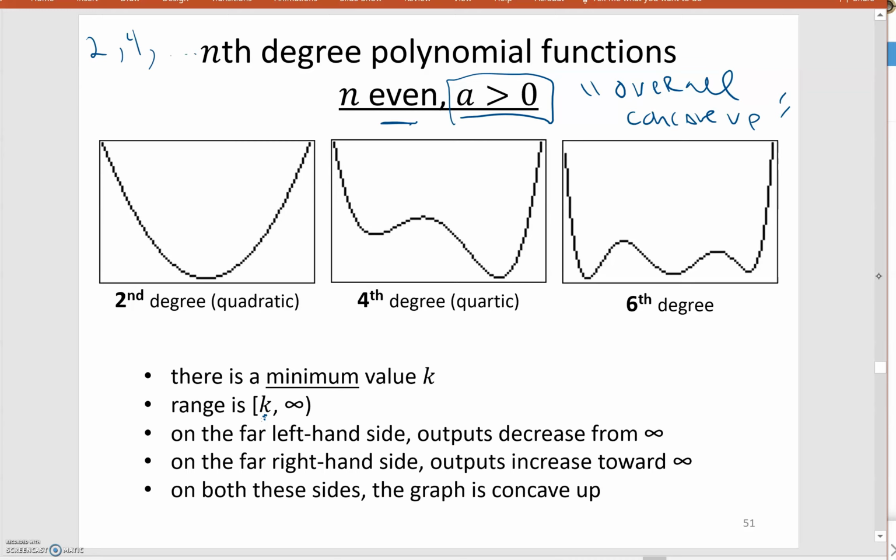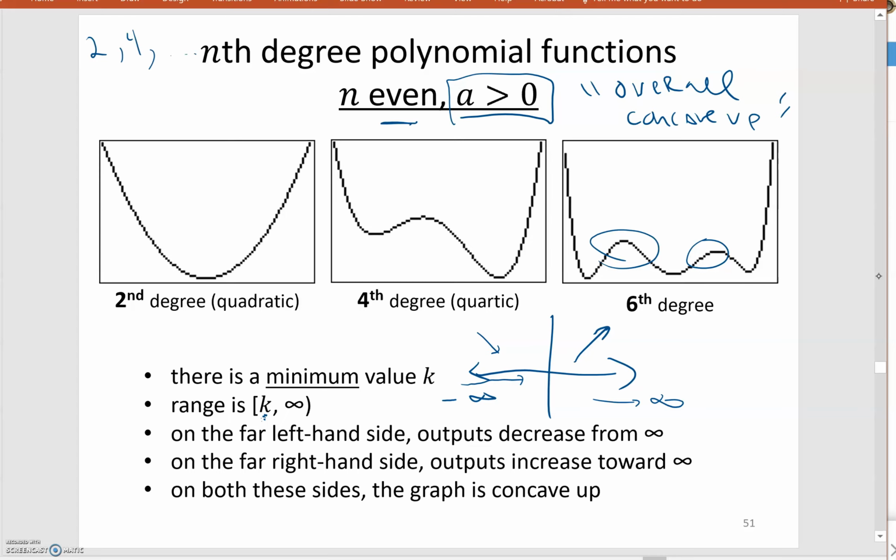When I say overall, I mean that doesn't mean it can't be concave down, like that's concave down right there, but overall this thing cups upwards. The way that we capture that is by saying, as we move from negative infinity left to right, the function is going to be decreasing from infinity, and as we move towards positive infinity from left to right, the function is going to be increasing towards positive infinity.